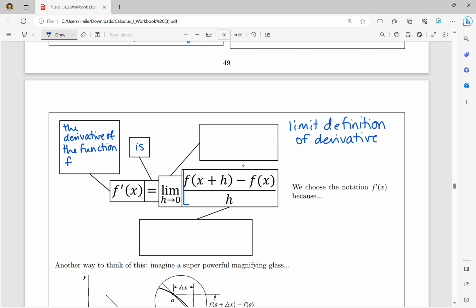This piece right here looks a lot like the slope formula. So actually what this piece is saying is the slope of the secant line, or the average rate of change.